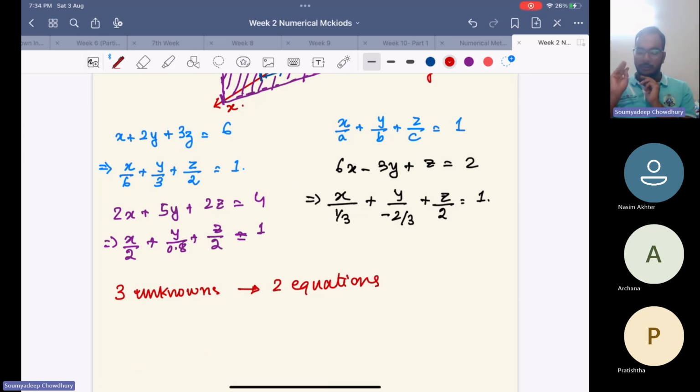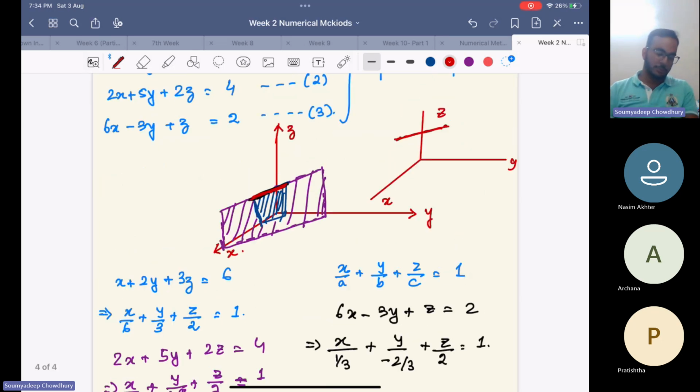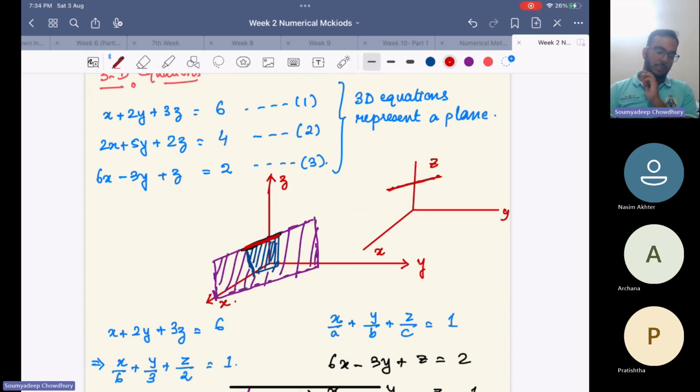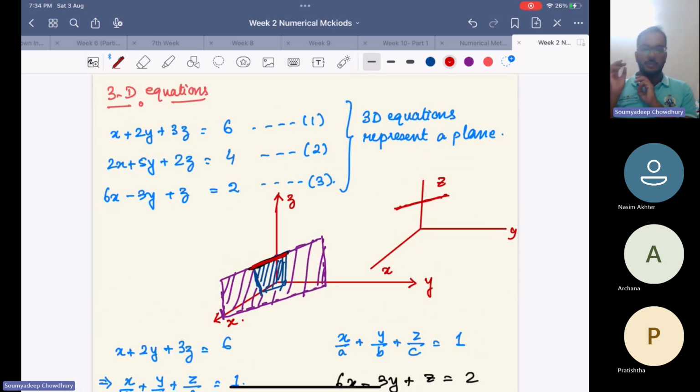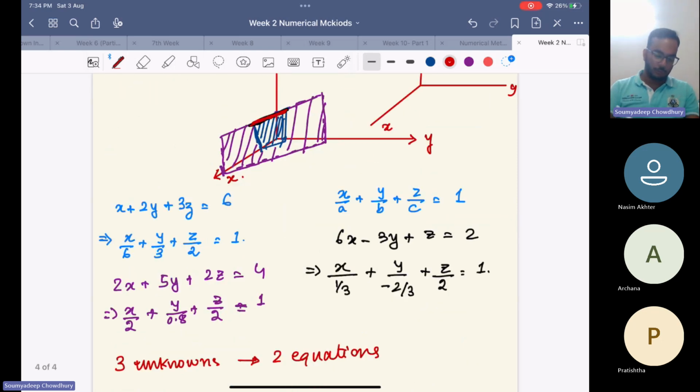Suppose you didn't have this third equation. If I had only given you 1 and 2, it is not sufficient to get a unique solution of x, y, and z, correct? You can get a solution, a straight line, in terms of x, y, and z.